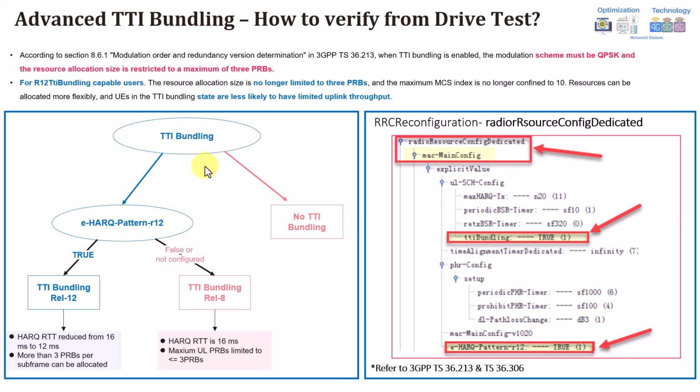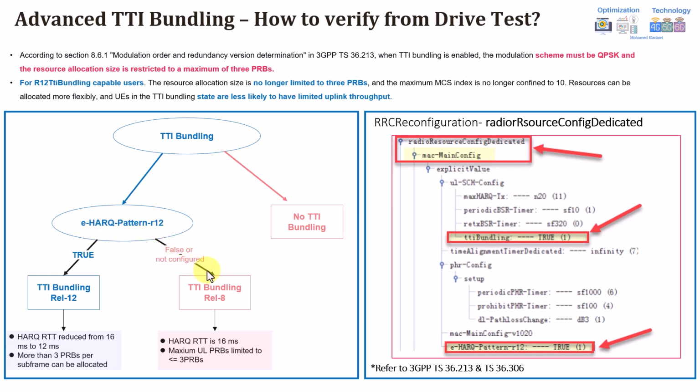Initially, what will happen is that first of all, the eNodeB will check whether the user is meeting the TTI bundling condition, which is based on the user's uplink radio condition, which is SINR. Assume that he's not achieving it, so he will not be triggered. The eNodeB will decide that this user is not a candidate for TTI bundling, so no TTI bundling will be triggered. But in case TTI bundling is triggered, then the eNodeB will check the capability of this user, whether he's supporting this enhanced HARQ pattern release 12 or not.